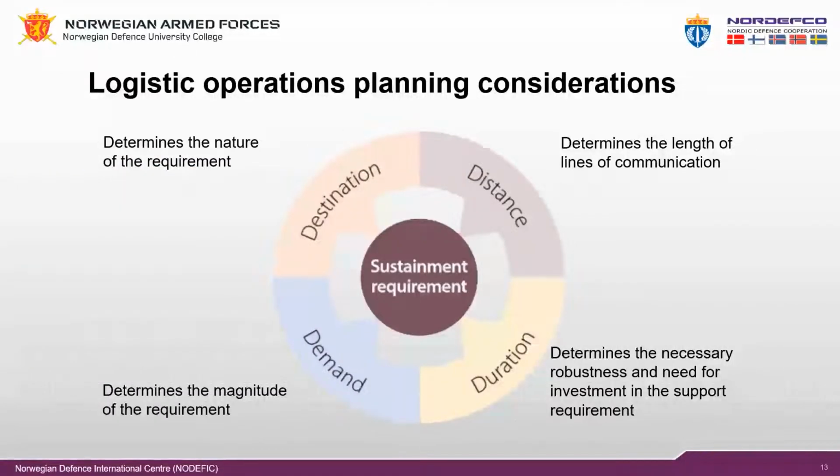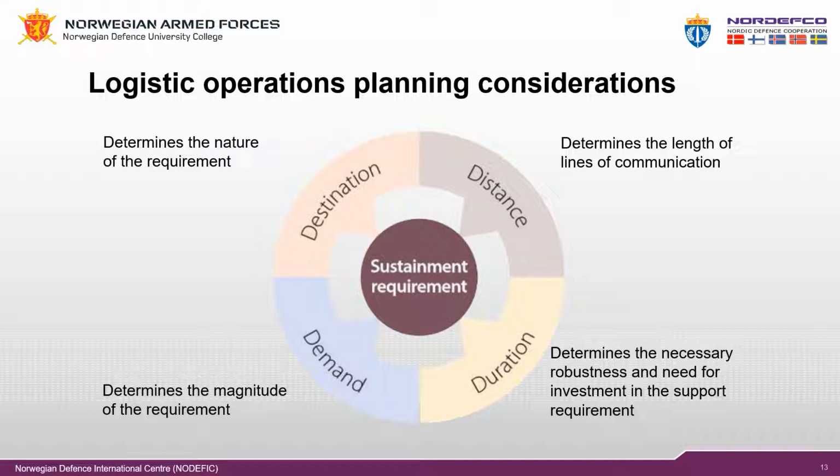Military logistics has several principles: foresight, economy, simplicity, cooperation, and flexibility, which are enshrined in NATO and national doctrine. In order to support the planning staff, the logistic considerations must be considered at each stage of the OPP.